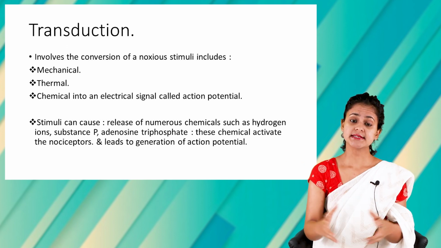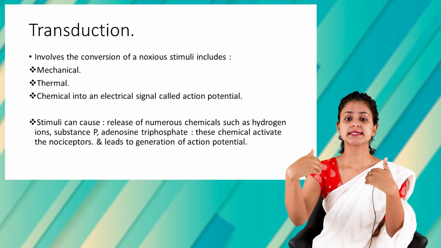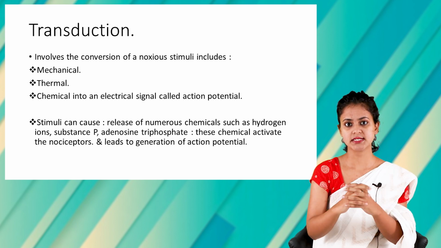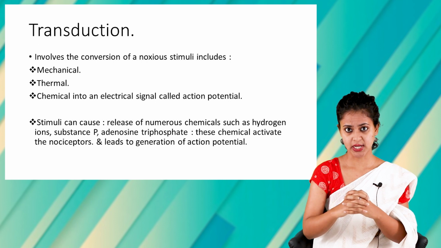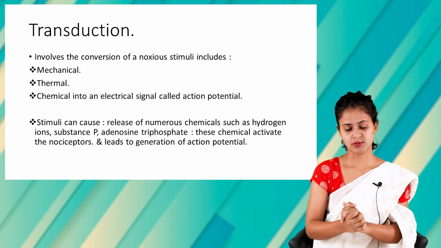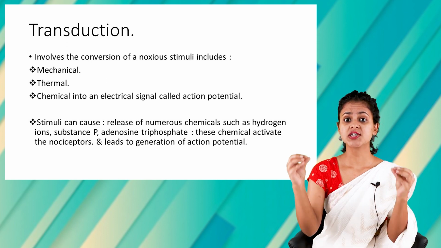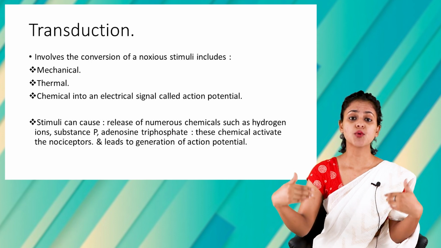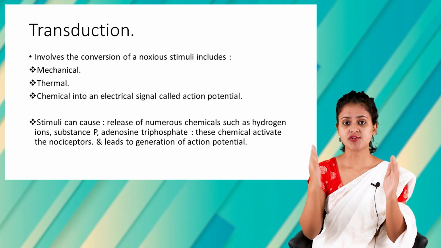Basically, this involves the conversion of noxious stimuli, which include mechanical, thermal, or chemical stimuli. Once this noxious stimulus is converted into an electric signal in our body, generating an action potential inside it, that is known as transduction.